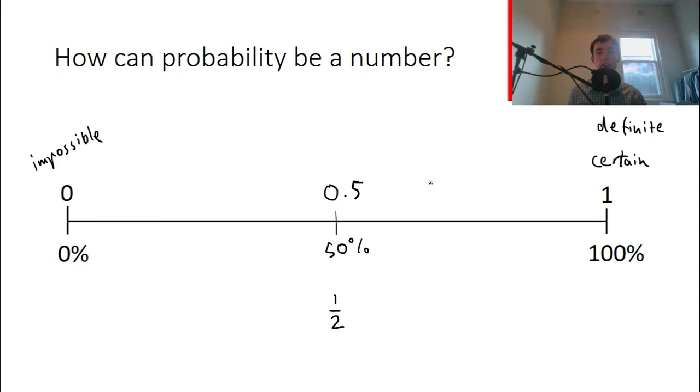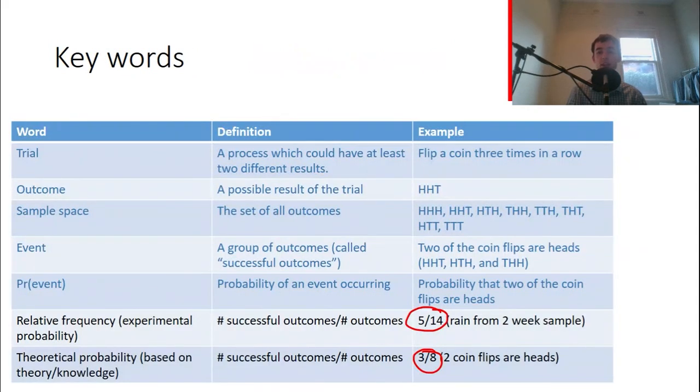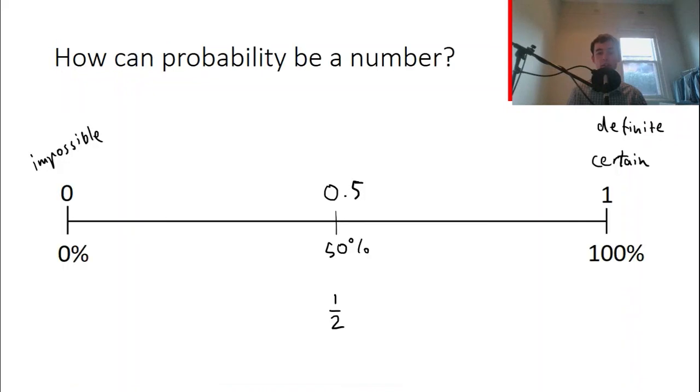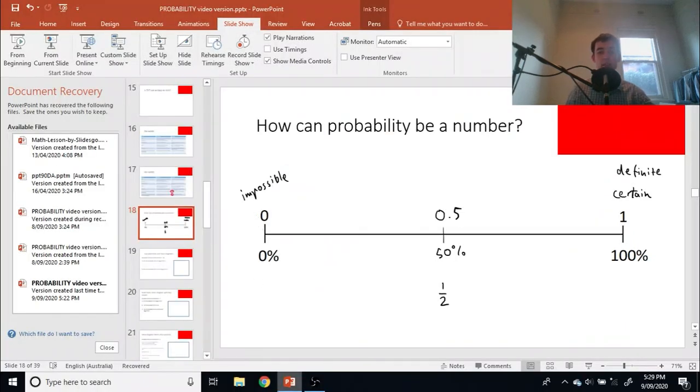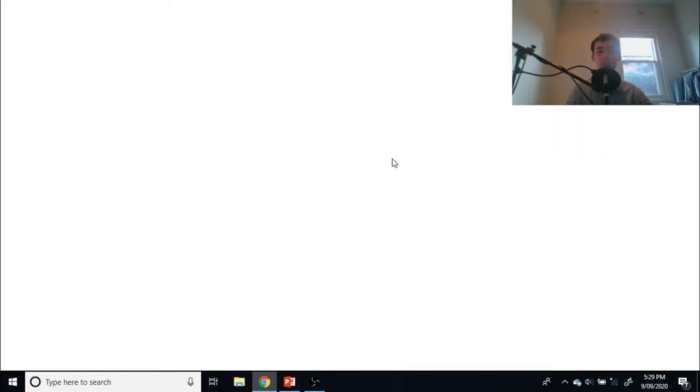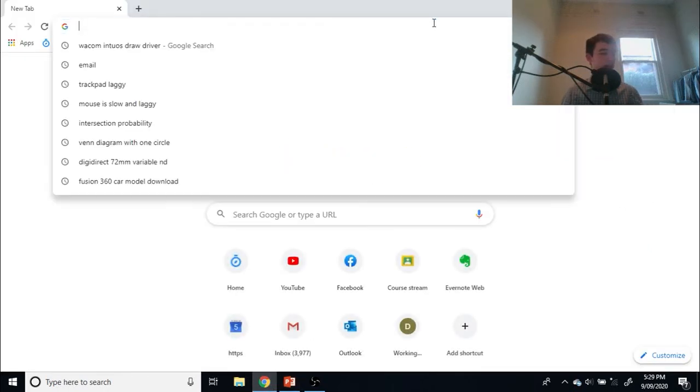Okay, so let's keep going. Let's say we had the probability from last time, which is 5 over 14. 5 over 14 is somewhere around here. So it's slightly less than 50% probability. And I'm just going to go to a calculator to convert that, because we all have calculators, we might as well use them.